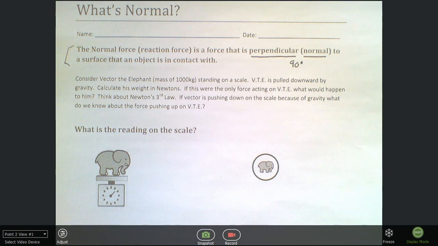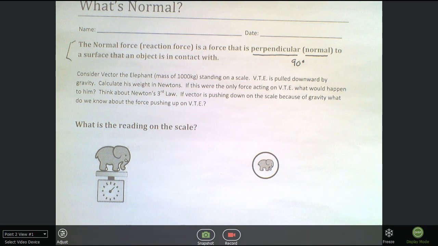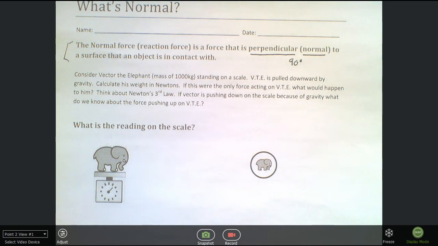And whatever surface you're touching, there is this reaction force of the surface on the object that is at 90 degrees to that surface. So what does that mean? Well, there's lots of different ways of thinking about it. But if you push on a wall, it feels like the wall is pushing back on you.